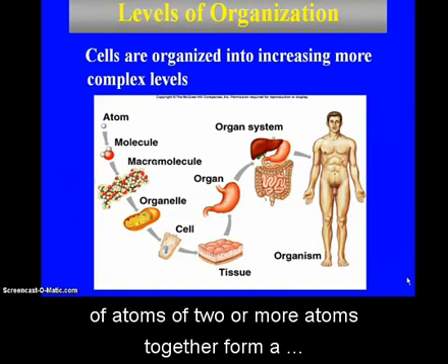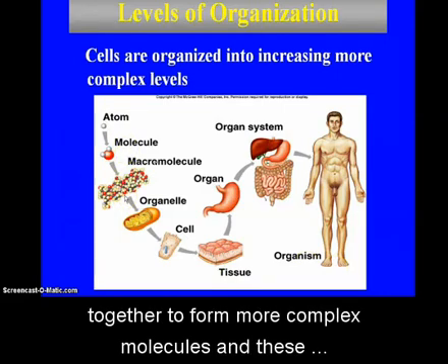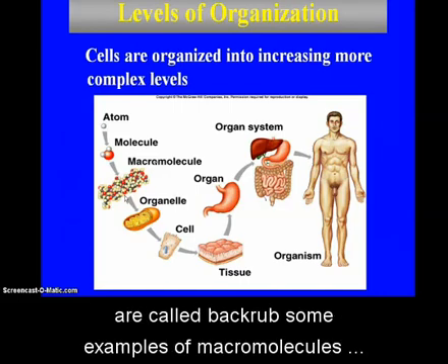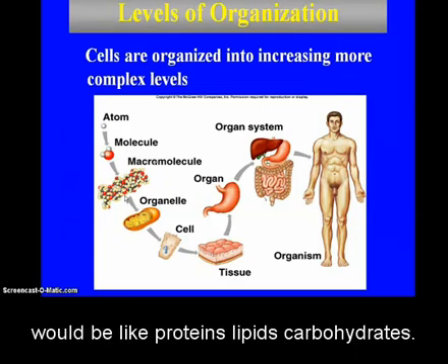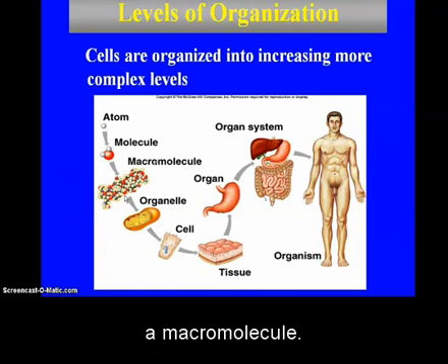Two or more atoms together form a molecule. Then molecules come together to form more complex molecules, called macromolecules. Some examples of macromolecules would be proteins, lipids, carbohydrates. Those are just examples. DNA would be another example of a macromolecule.